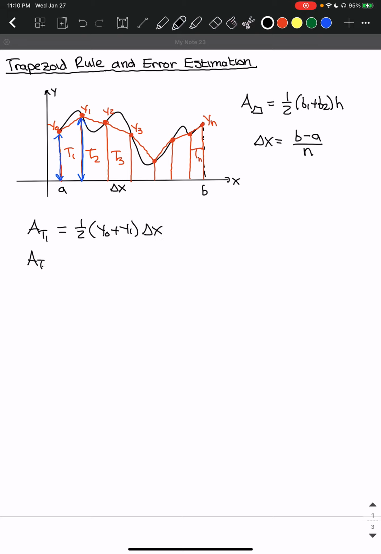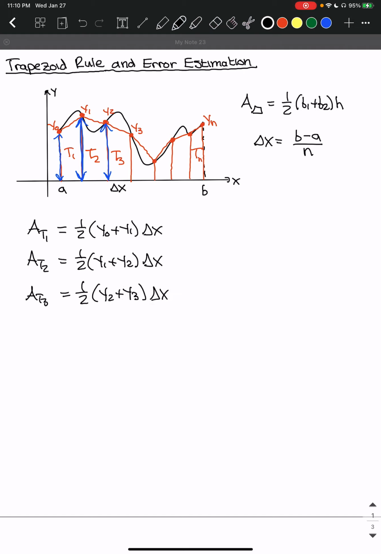Okay, let's do the same thing with trapezoid 2. We get 1/2. Now my base is y1 right here again, and y2. So I just moved over 1. So I have y1 plus y2. Again, the height is delta x. Let's do one more. We get 1/2 times y2 plus y3.